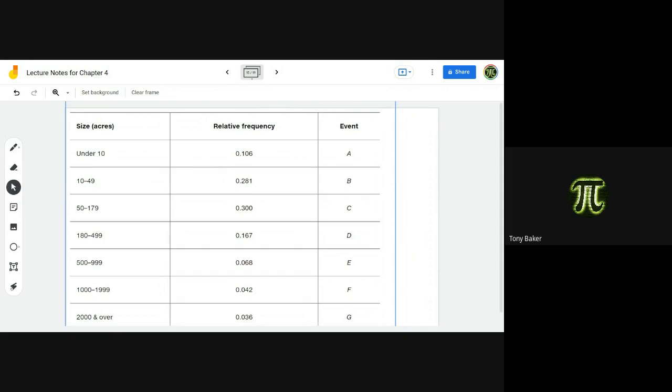If I said over 1,000 acres, does 1,000 acres count? No. Now, I totally didn't do that on purpose, but I just caught that because the next thing I have to talk about is literally inclusive versus exclusive. When you're talking about counting things and adding things up, a lot of times it's not going to be just simple numbers on a page. It's going to be problems that you have to figure out.